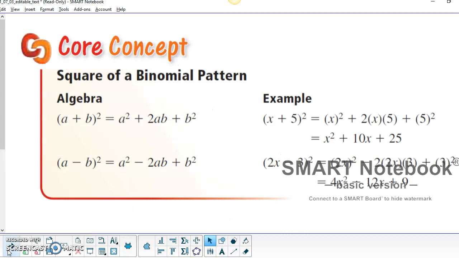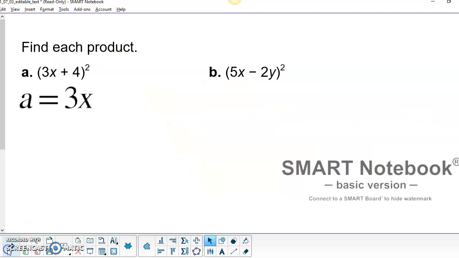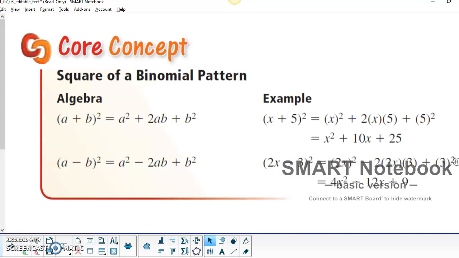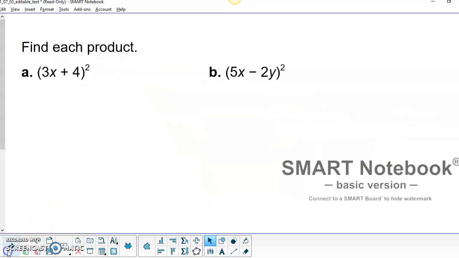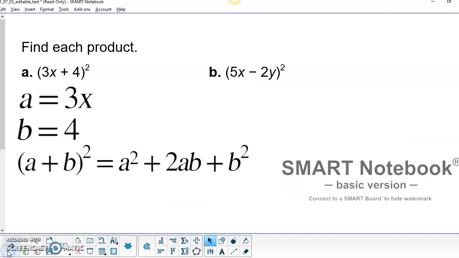So if you have, for example, 3x plus 4 squared, my a is 3x. Let me go back a page. My a is always going to be the first term that I see. B is the second term I see, just so you understand. So a is 3x. B, in this case, is 4. Do you notice that this is in the form a plus b squared?